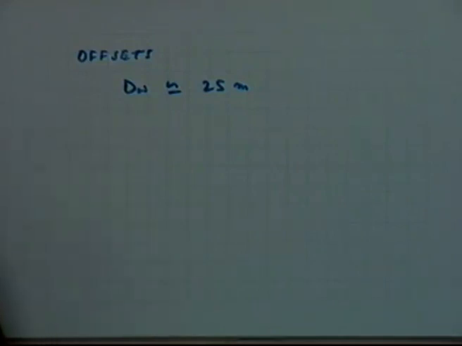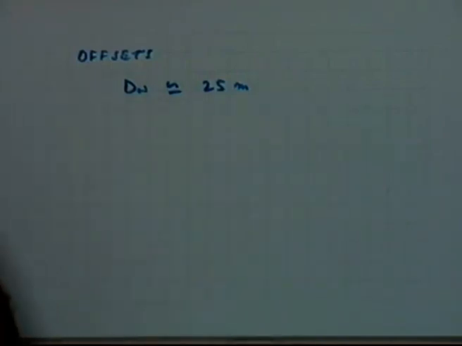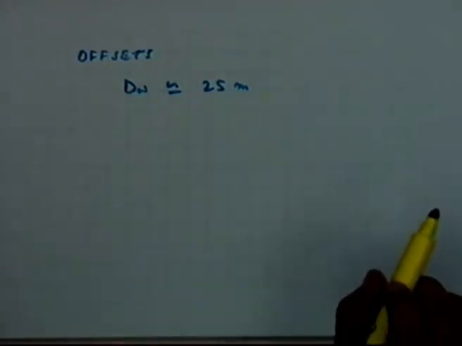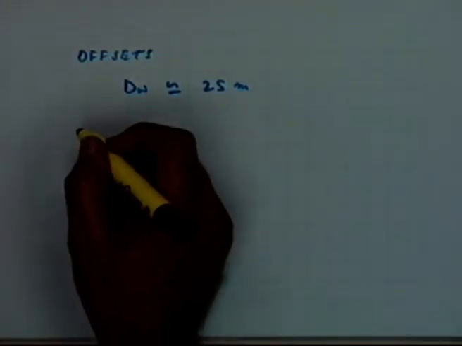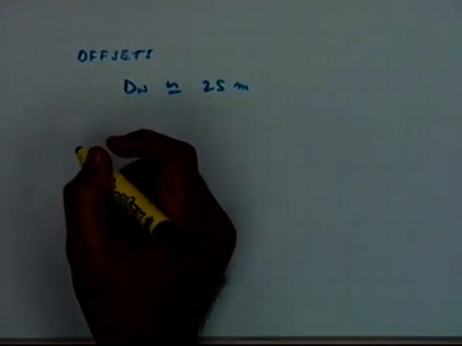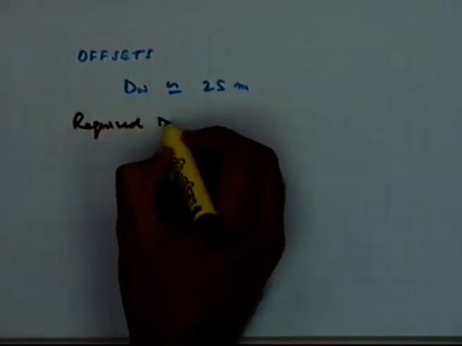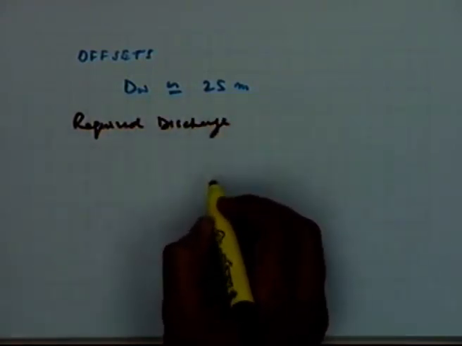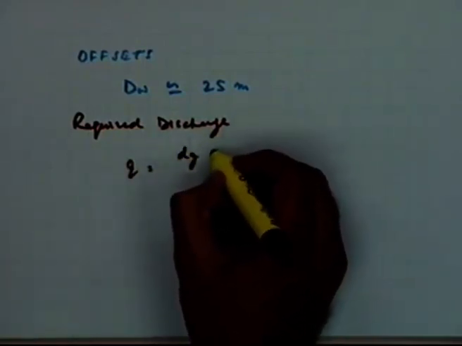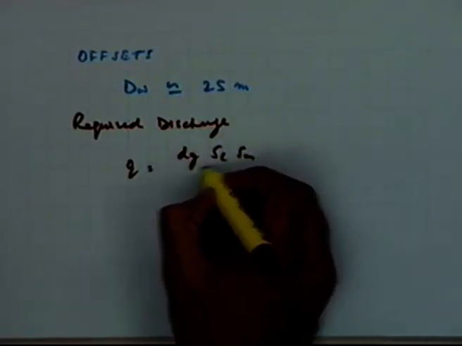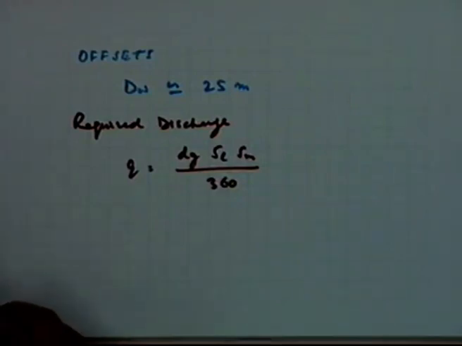Based on this wetted diameter and the other selected spacing which we have just now decided, that you will use an SM of 18 meters, you can now find out the required discharge Q. This is the expression which we have used for finding out the required discharge in liters per second.